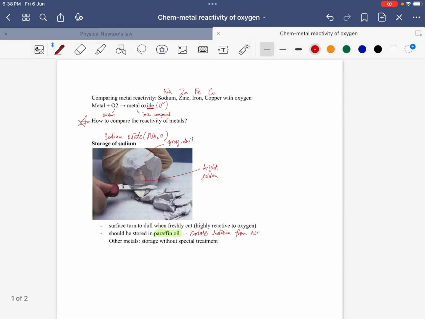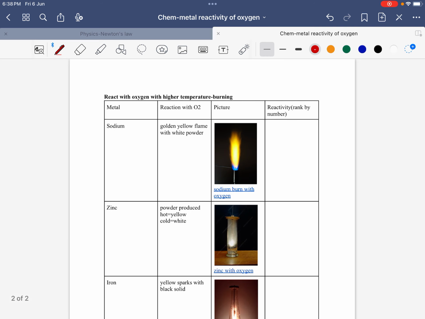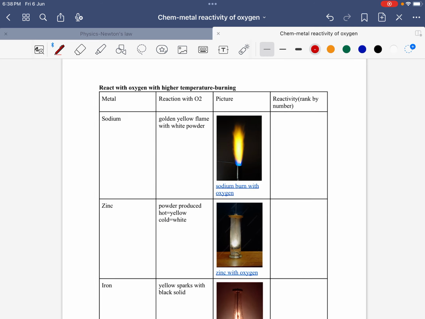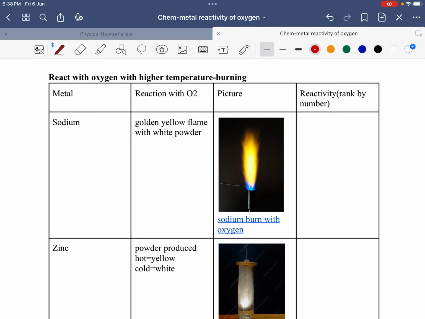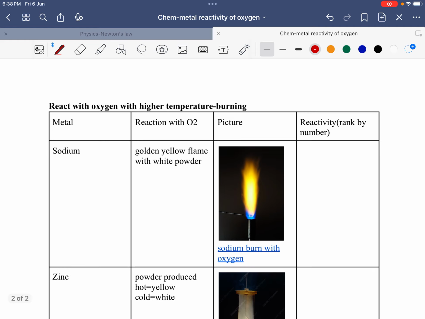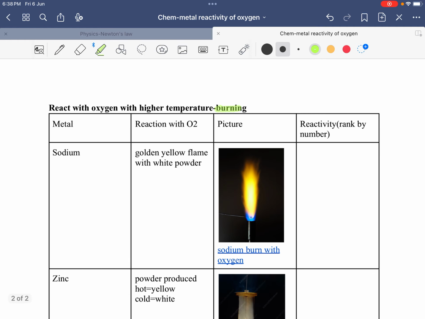So let's talk about another case. When the metal is burned here, why do we use burning to compare the 4 metals? Just consider the factors of burning. What are the 3 major factors? You should know that. Yes, it is oxygen gas, high temperature, and fuel.